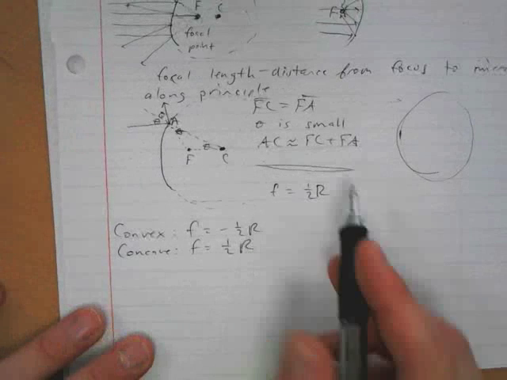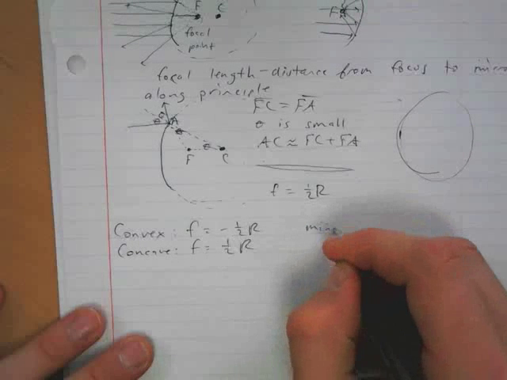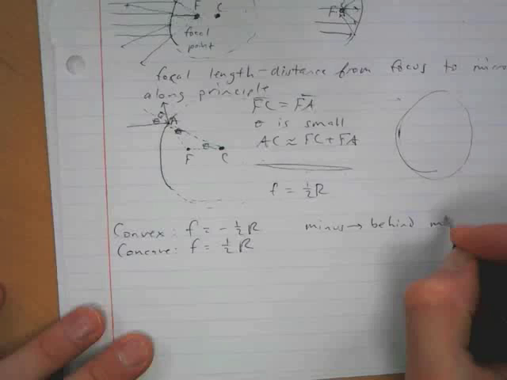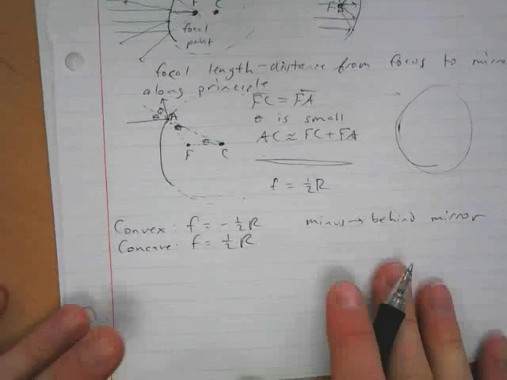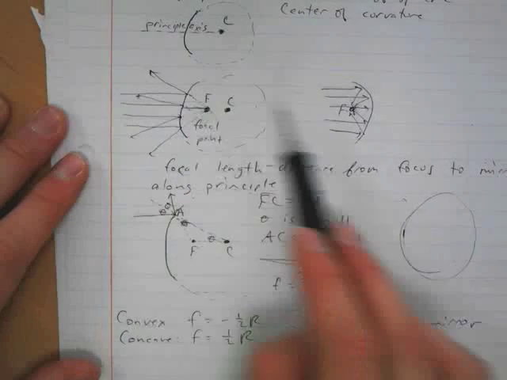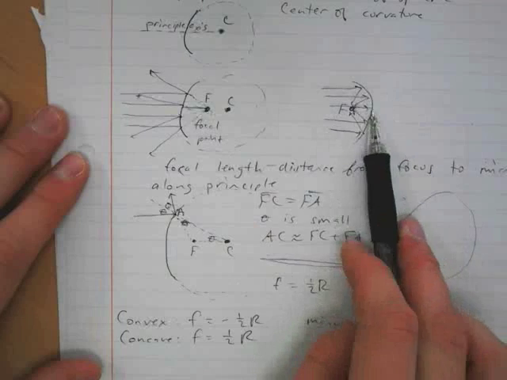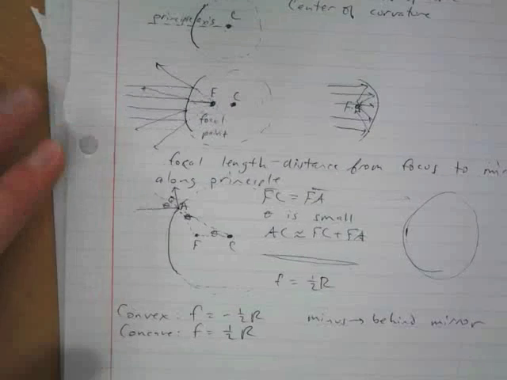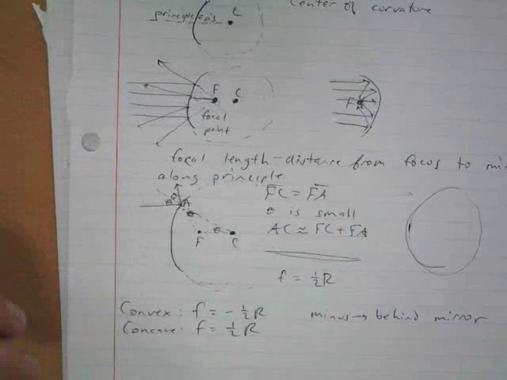This minus means that it's a distance behind the mirror. The convex mirror has the focal point behind the mirror, while the concave mirror has the focal point in front of the mirror. And that's how we assign those positives and negatives.